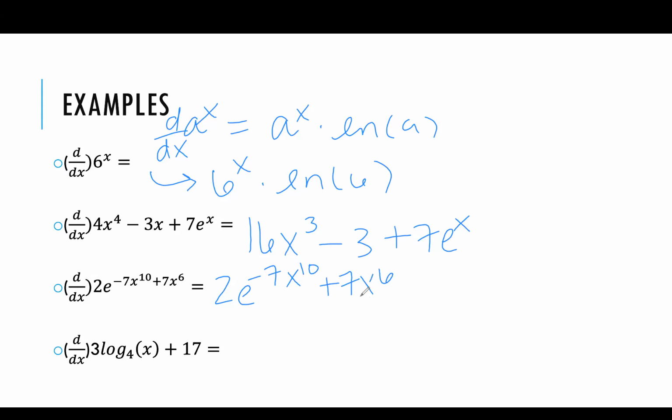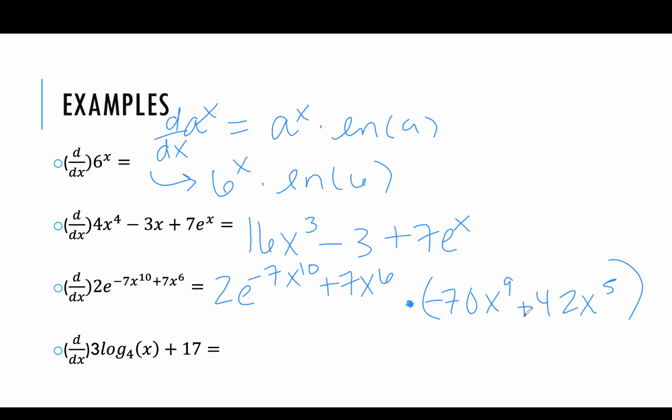Okay, and then we multiply that by the derivative of our inside function, or in this case, the derivative of our exponent, which is going to be negative 70x to the 9th plus 42x to the 5th. Okay, pretty easy, and if you want, you can even put this in parentheses, just to make sure that that e gets distributed to both terms. Okay, so that's the answer to the third one.